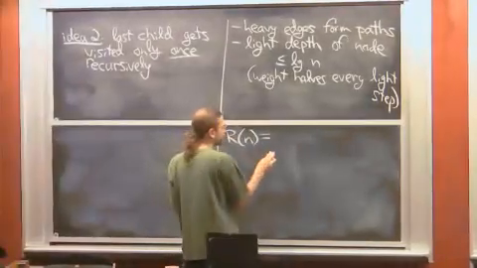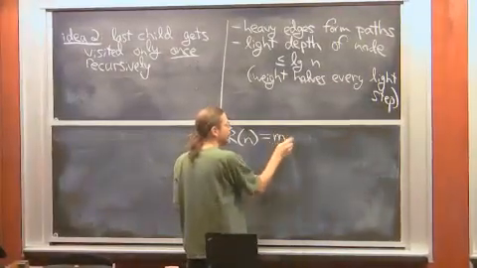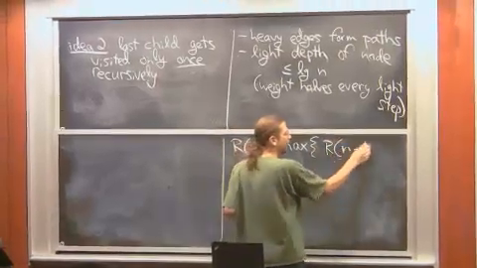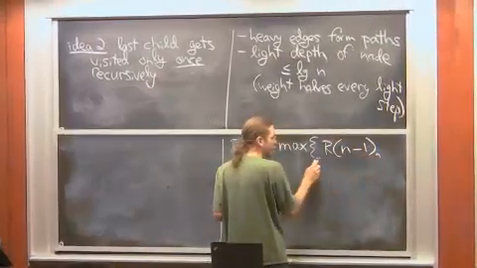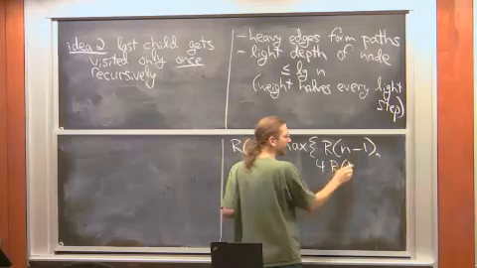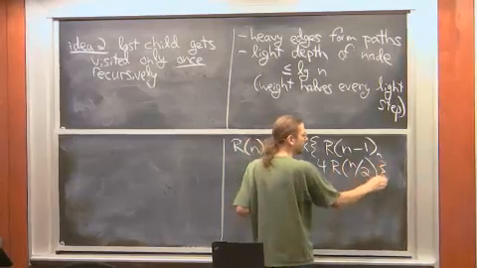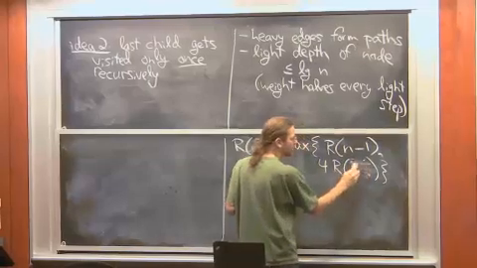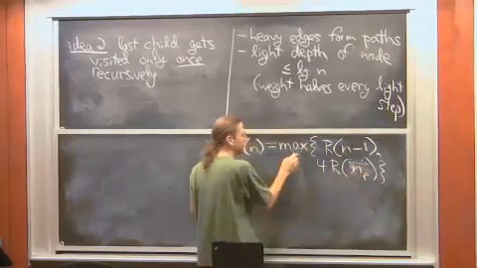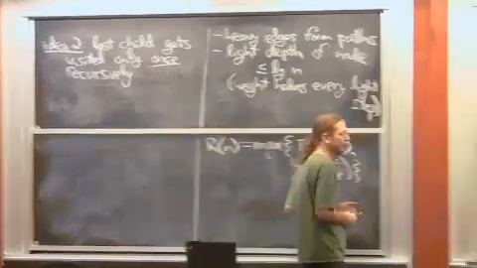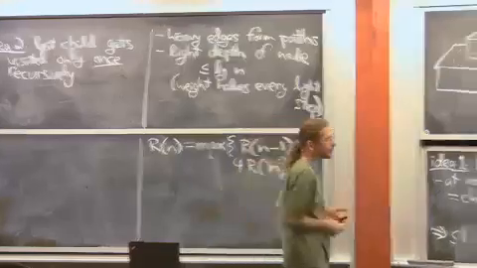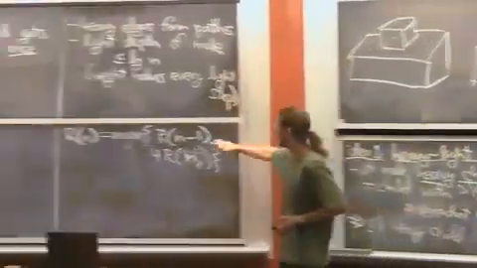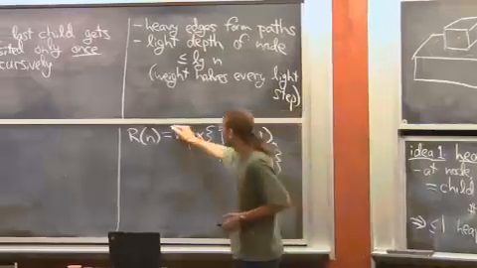In the worst case, it's going to be the max of two things, r of n minus 1 and 4 times r of n over 2. Well, I should say n sub i, max over i. This is also technically an n sub i, but this is an upper bound, certainly.